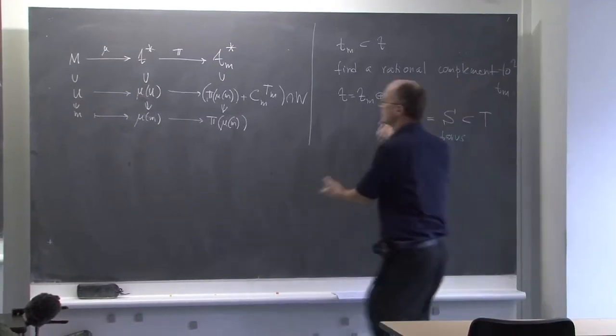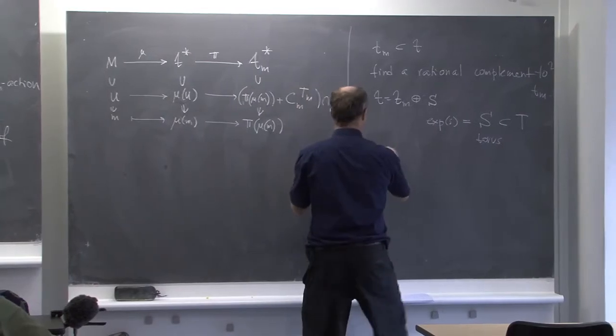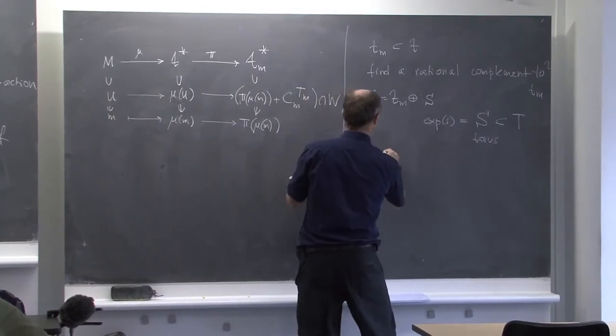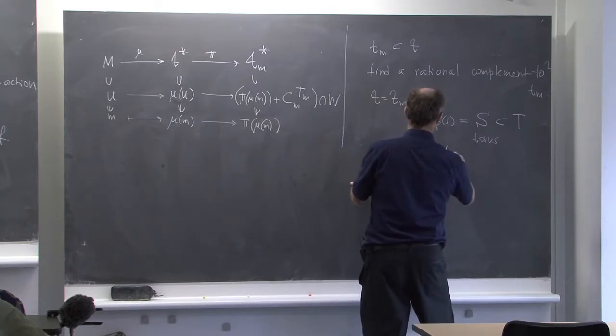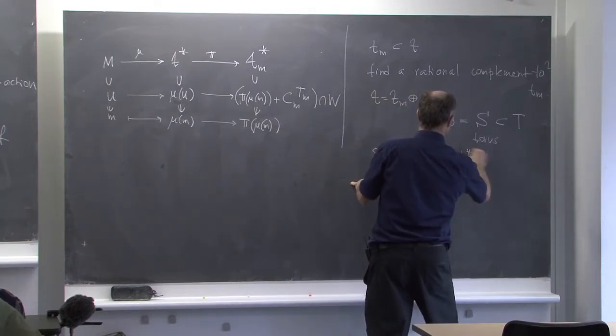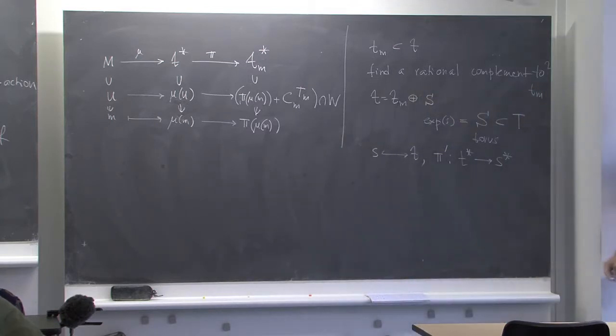Well, now again you can play the same game, right? So there will be S injected into T, and there will be some other projection pi star, T star to S star.